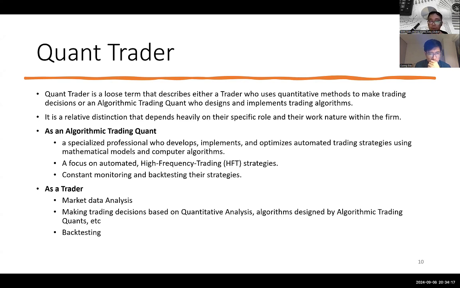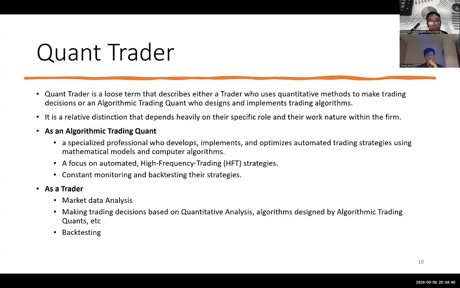They often deal with very high frequencies, I mean millisecond trading. And constant monitoring and backtesting is very important, of course. They have to backtest their strategy thoroughly and carefully, hoping that it will work in real life.